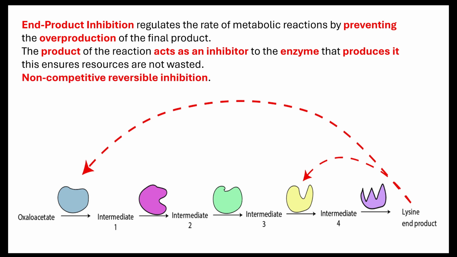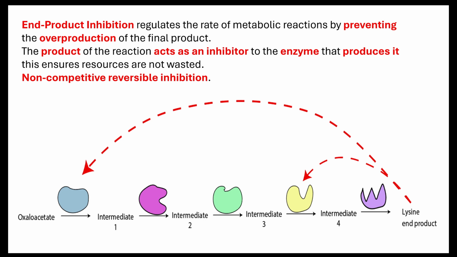So what we say is that it is non-competitive because it can bind to the allosteric site, but it is a reversible inhibition because when we have processed all those letters, when we've posted them off, we will then start the printing again. In the case of when the lysine concentration has dropped, then oxaloacetate can start in the reaction again and be broken down to end up with that end product.